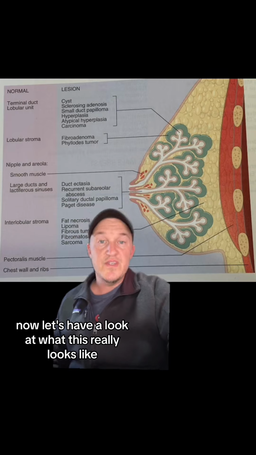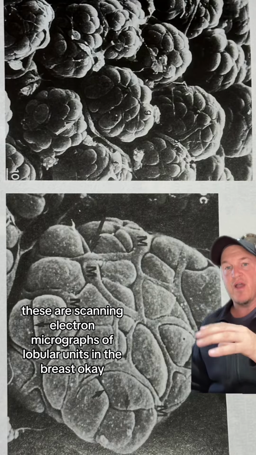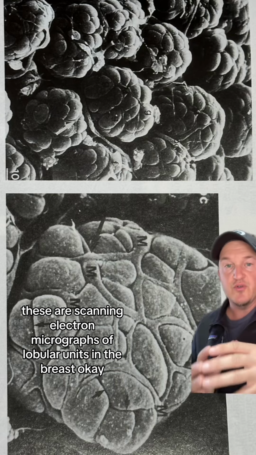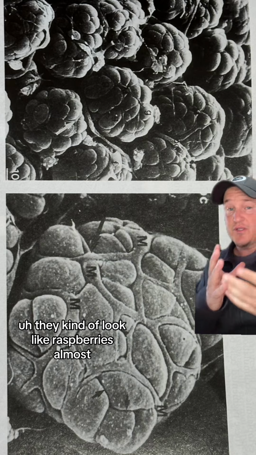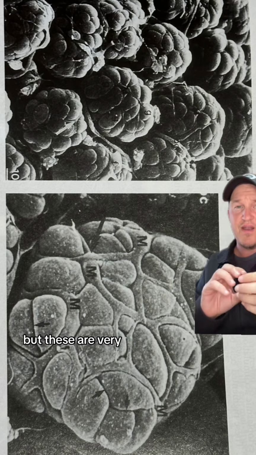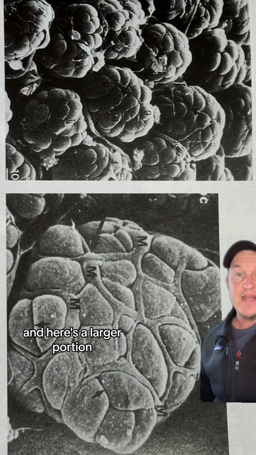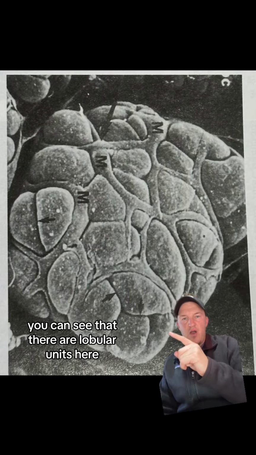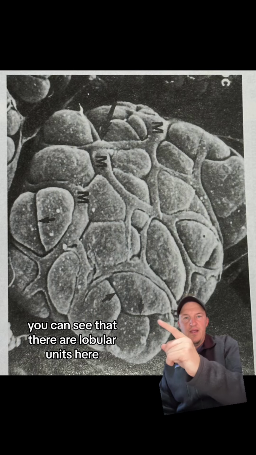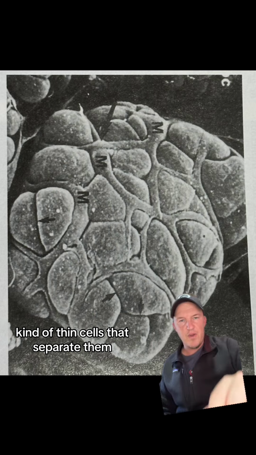Now let's have a look at what this really looks like. These are scanning electron micrographs of lobular units in the breast. So you can see up here, they kind of look like raspberries almost, but these are very, very small. Again, microscopic, this is an electron micrograph, and here's a larger portion. As you look at this, you can see that there are lobular units here, and then there are these kind of thin cells that separate them.